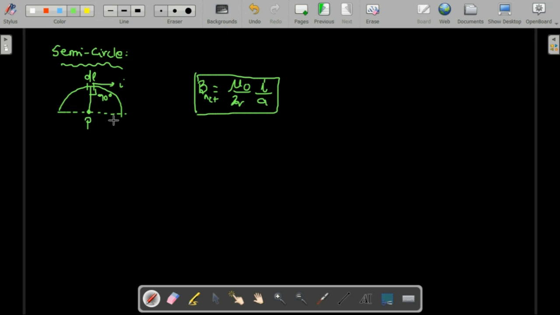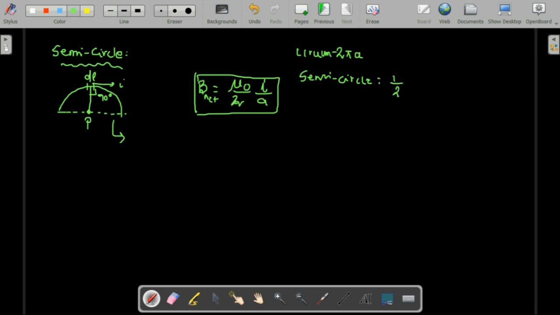Now if you're considering it for this case, you know that this I by A came into the picture because we had the circumference as 2 pi A. If you're considering a semicircle, that's half of that, right?